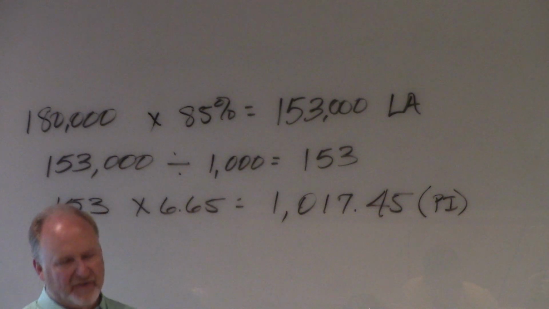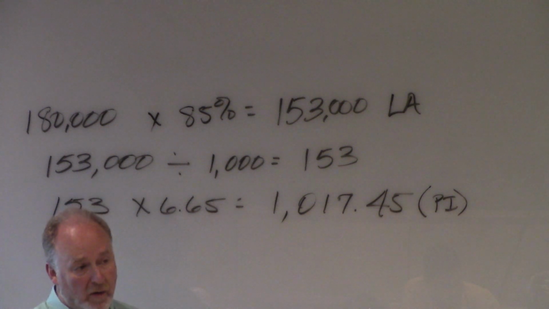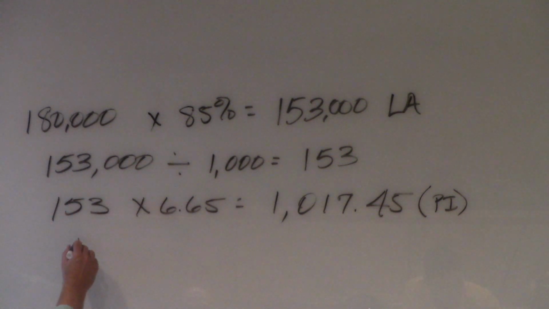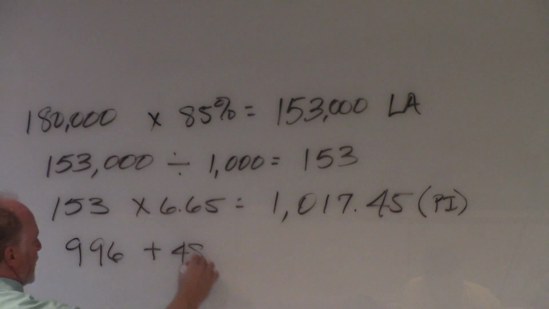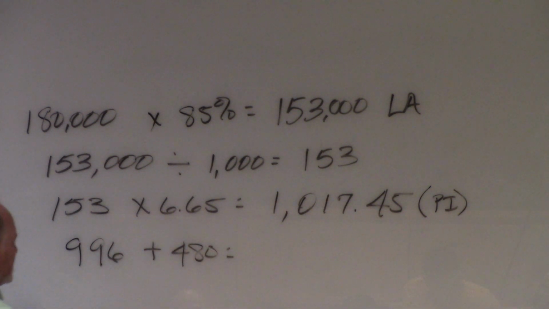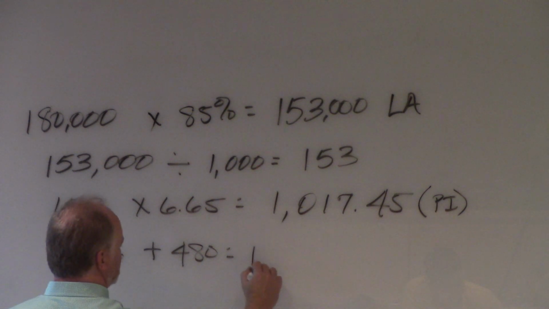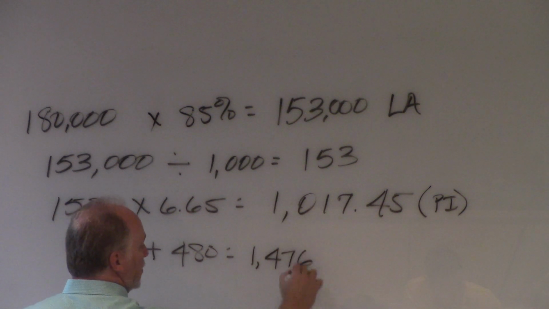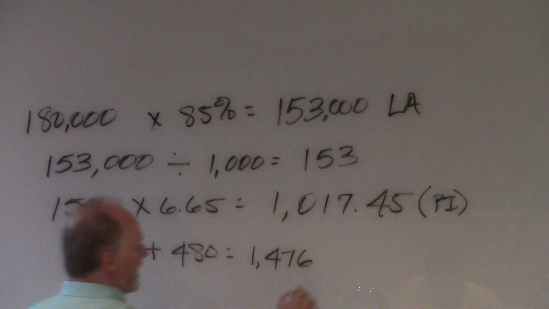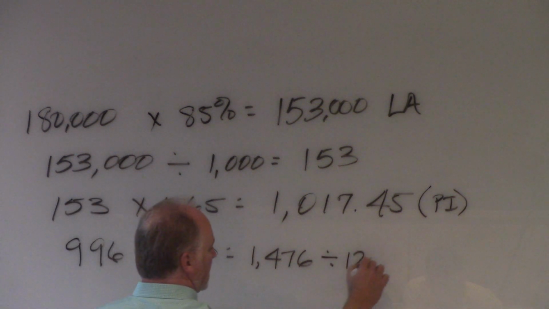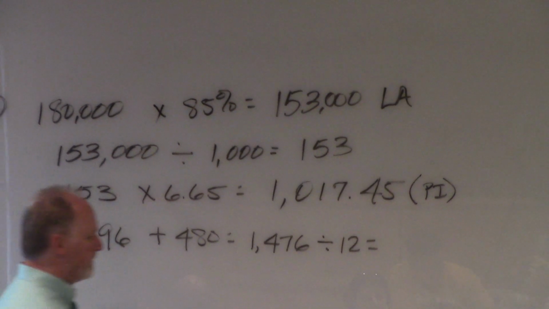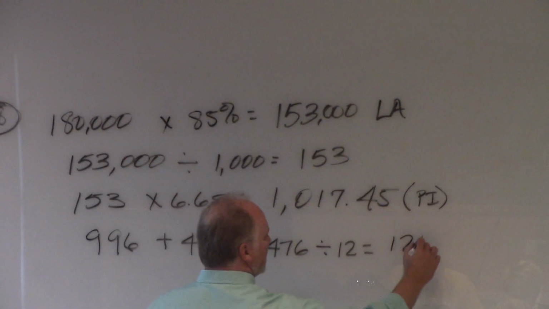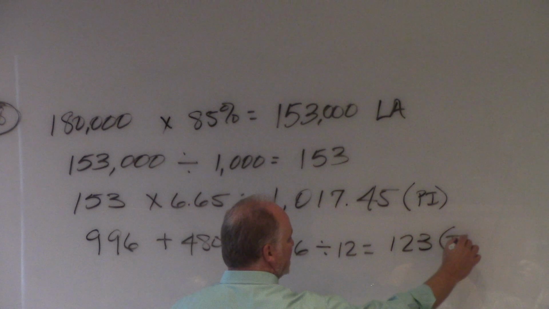So now I have to go back and look and say, well, the taxes were $996. The insurance was $480. Which looks like it was going to be $1,476, but that's annual, correct? So let's divide that by 12. How much does that come to? $123 a month. $123 a month of TI.